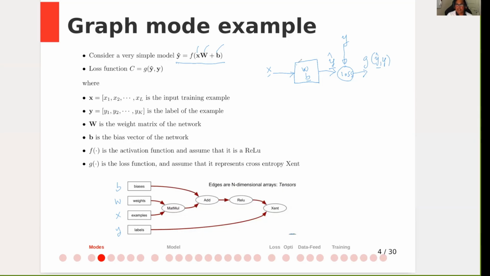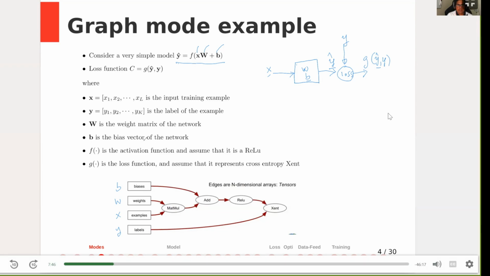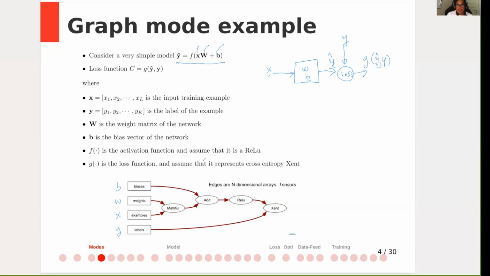So this is the example, and this text describes the different quantities. X is the input training examples, y is the label, W is the weight matrix, b is the bias vector, f is the activation function, and g is the loss function. For example, we can assume that the loss function is calculating the cross entropy between the labels and the model output.